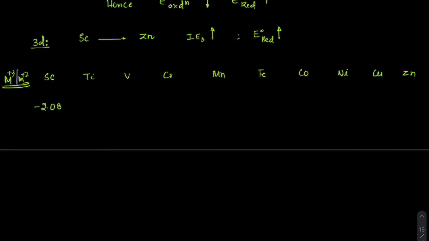Now from this it has to only increase, right? So you can see minus 0.37. You can see there is a drastic change here because scandium does not exist in plus 2 oxidation state.